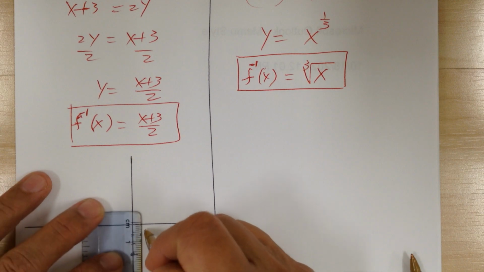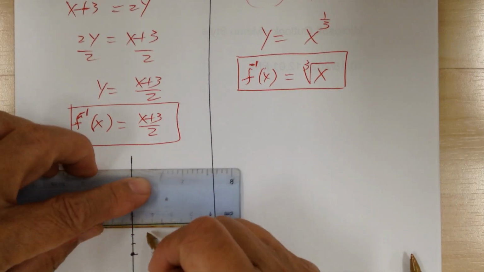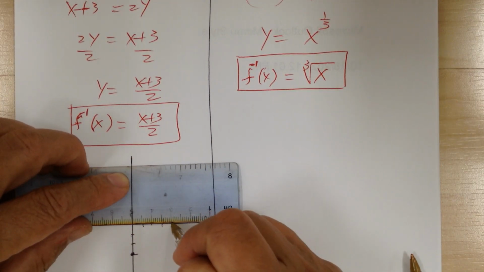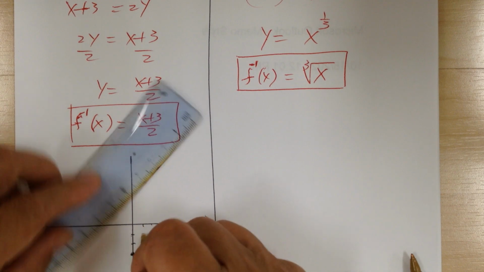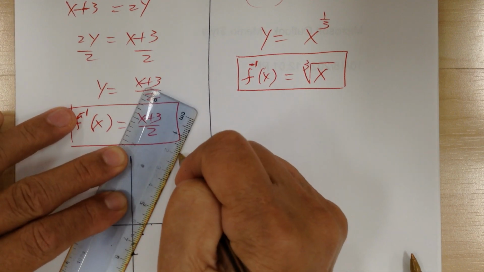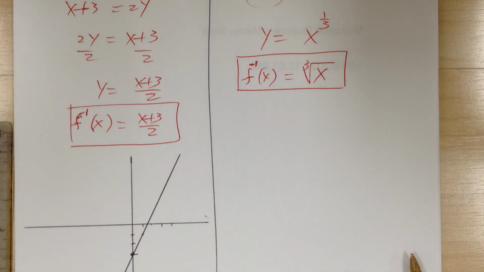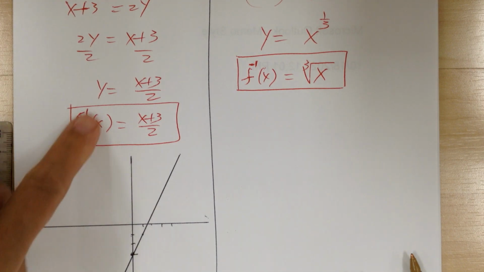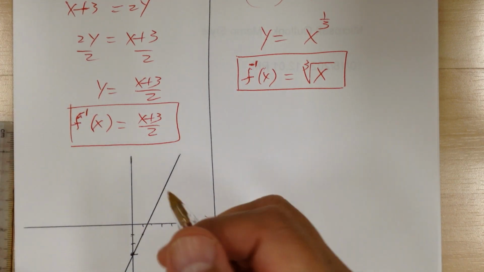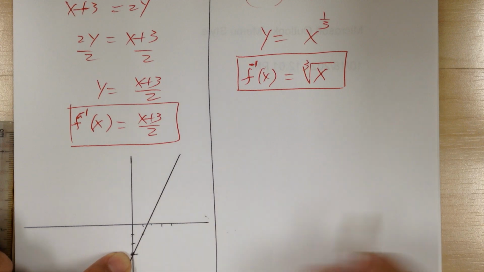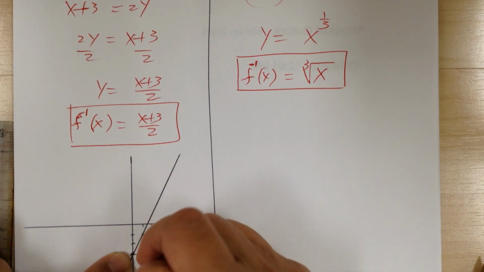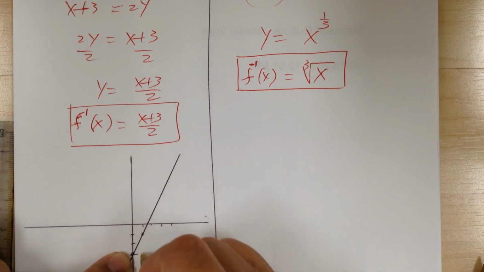So you go up 2 over 1. So that's that. Whereas the inverse function, you just flip things over. To flip things over is very simple. Again, all you have to do is switch the coordinates.